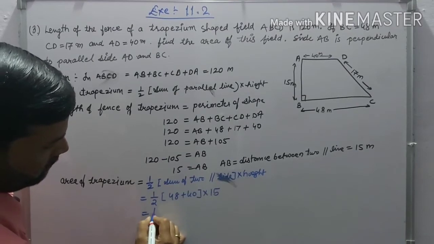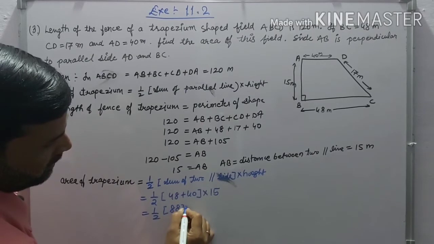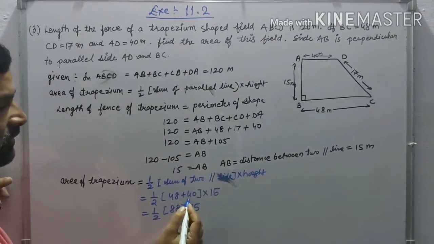Now 1 upon 2 times 88 times 15. 48 and 40 is 88.